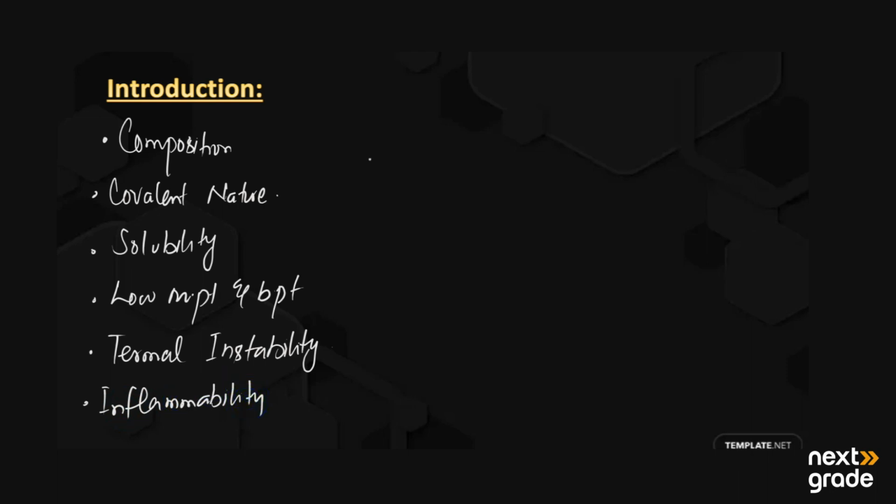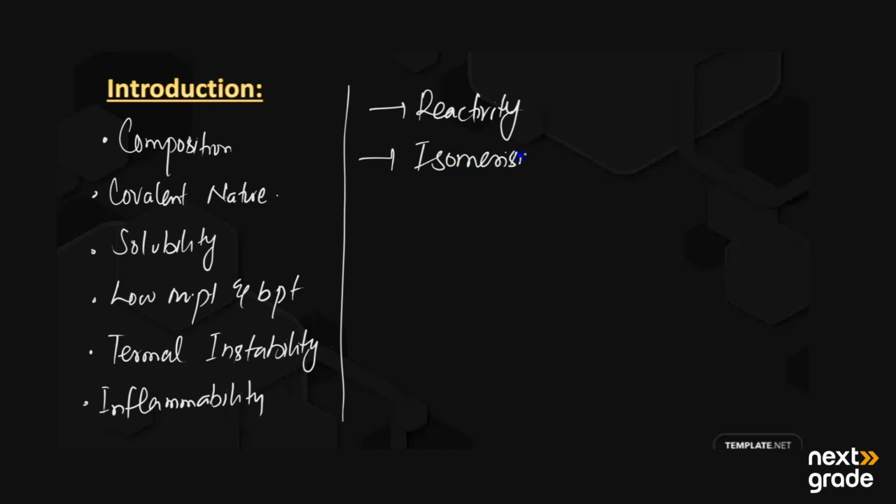So today we will learn about the remaining six characteristics. For example, it may include the reactivity of organic compounds. It may include the isomers or the isomerism property of the organic compounds.